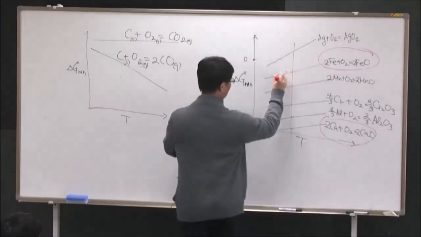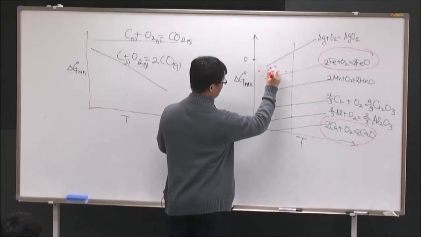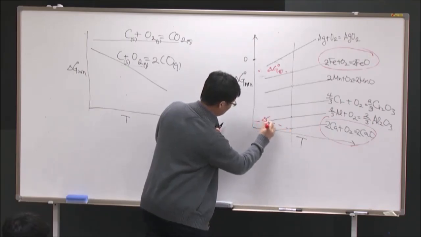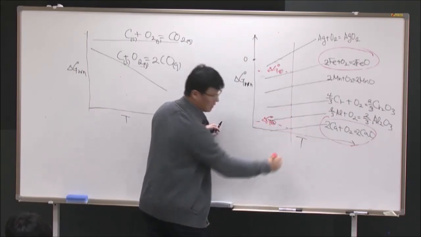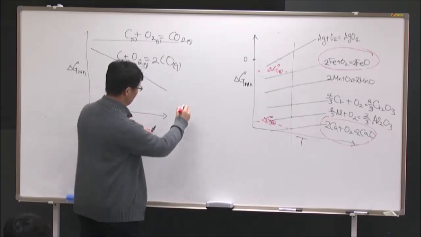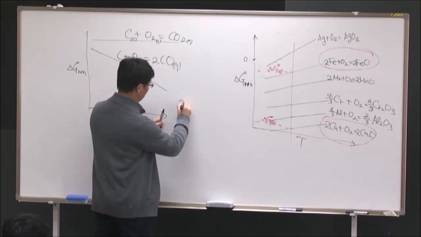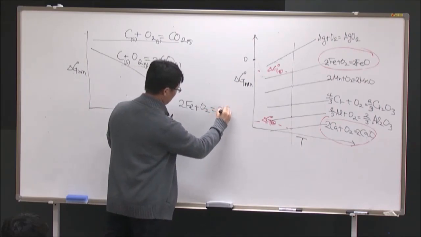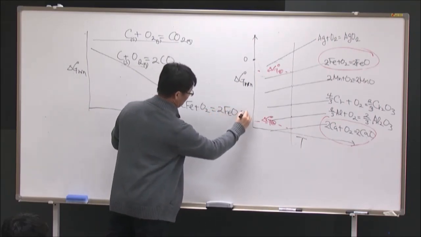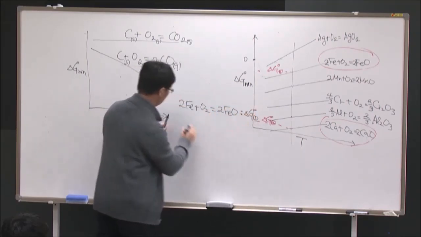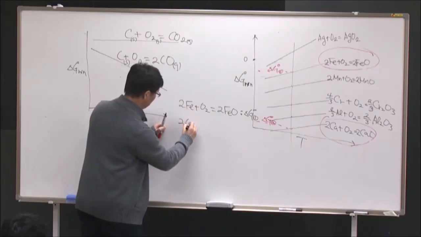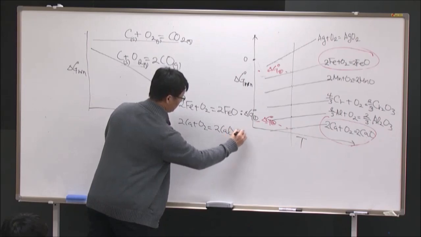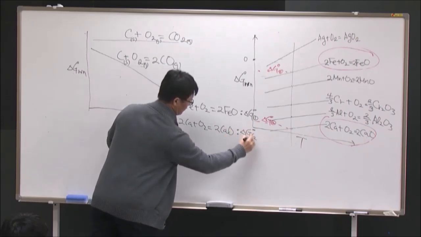So for example, let's assume this is the delta G naught 1 reaction, and delta G naught 2 for the reaction at the same temperature. When you have 2 Fe plus O2 equal to 2 FeO, this is delta G naught 1, and this is calcium.